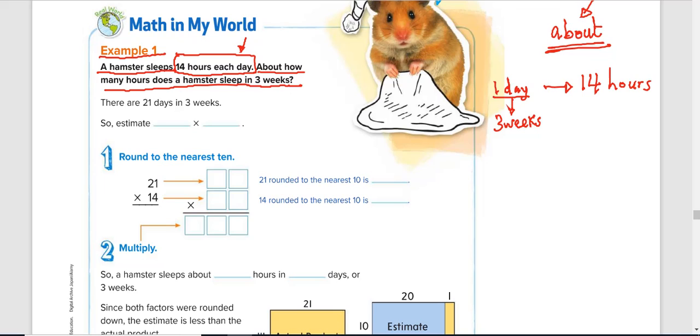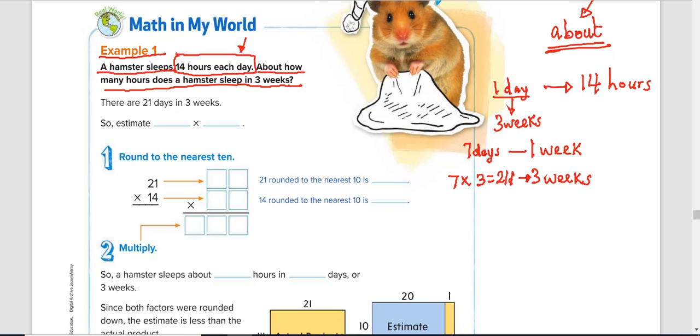Remember, there are 7 days in 1 week. In a week, from Sunday to Saturday, there are 7 days. Therefore, for 3 weeks, the number of days will be 7 days for 1 week times the number of weeks, 3 weeks. So that is 7 times 3, 21 days.